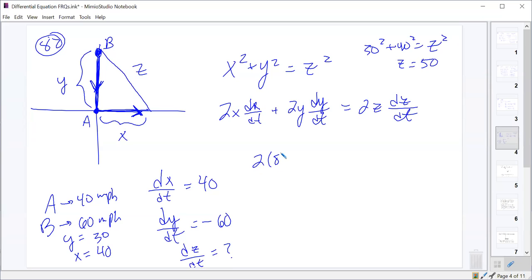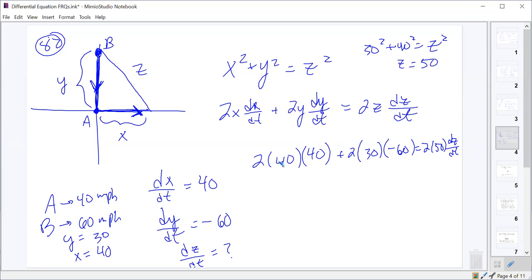So then we just plug it all in. 2 times 40 times another 40 plus 2 times y, which was 30, times negative 60 equals 2 times 50 times what we're looking for. And just solve for dz dt.